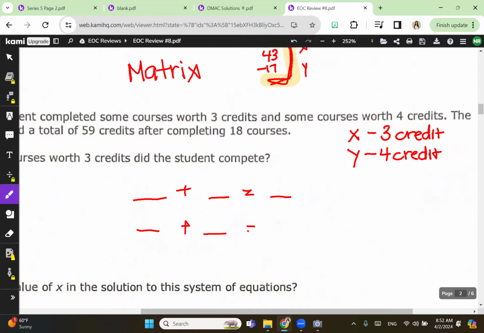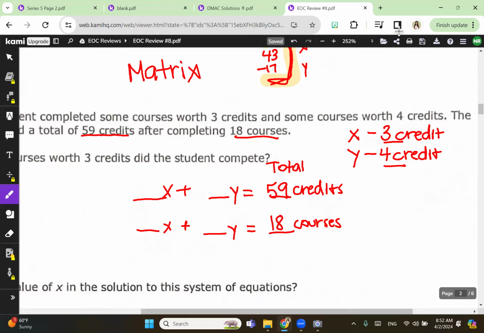The 59 and 18. 59 credits, 18 courses. Okay. Now, the only other numbers that are given to us in this word problem are 3 credit, 4 credit. So what equation is that one going to go into, the top or the bottom?